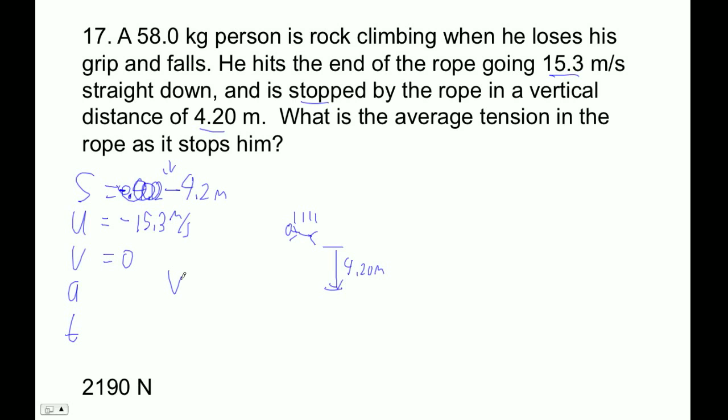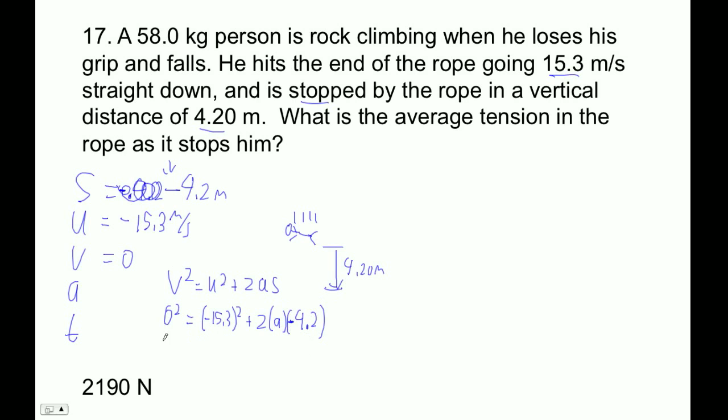So our friend is v squared equals u squared plus 2as. So 0 squared is negative 15.3 squared plus 2 times a times negative 4.2. Okay, so let's see.